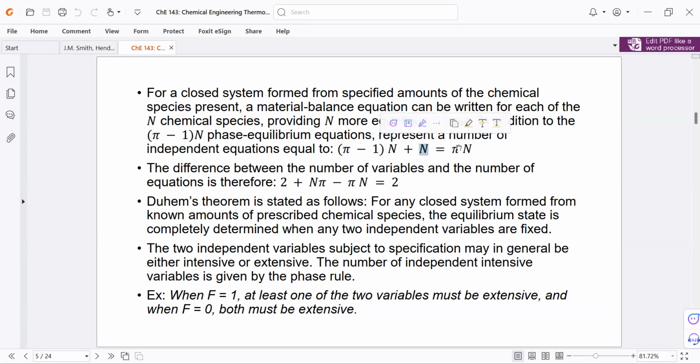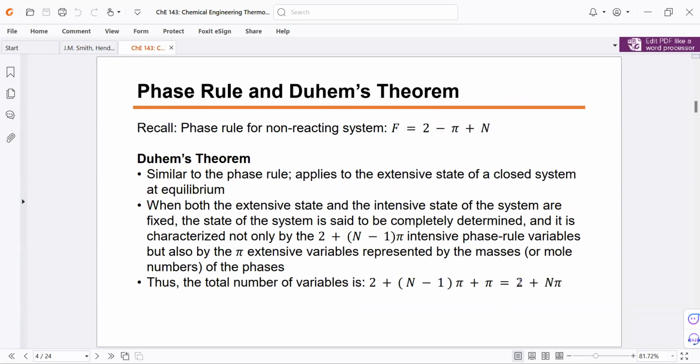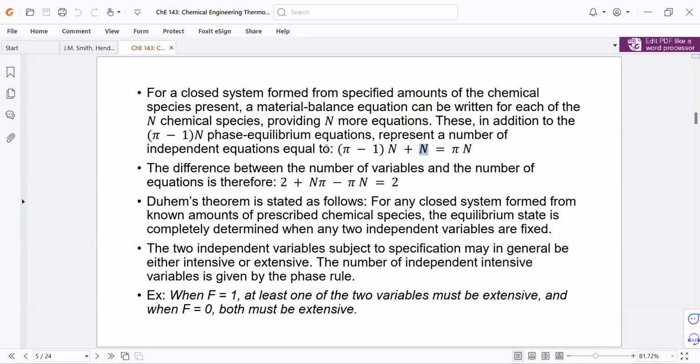Alright? So this is the total number of equations, and going back to the previous slide, this is the total number of variables. To get the degrees of freedom, we subtract pi times n from the total number of variables, and simplifying would give us just the number 2. And this is Duhem's theorem.